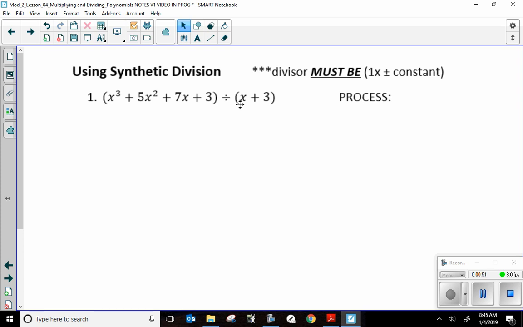Once you see that and you're doing division, you should absolutely 110% use synthetic division.